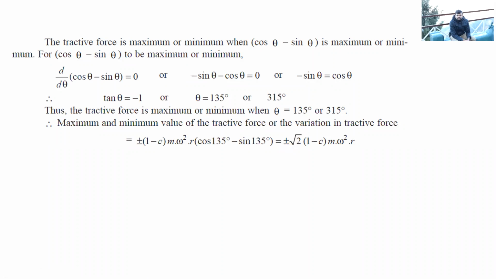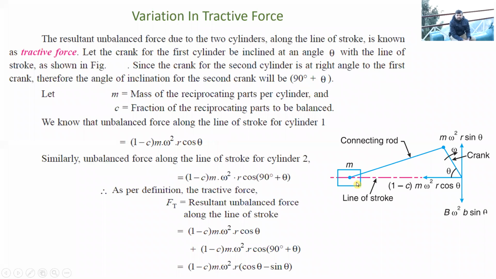But the only difference comes in the plus and minus sign. So therefore, maximum and minimum tractive force would be plus minus under root 2, (1 minus c) m omega square r. I hope this is clear to you, how the variation in tractive force is there, because there is unbalanced force along the line of stroke.